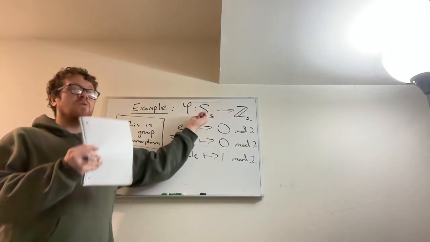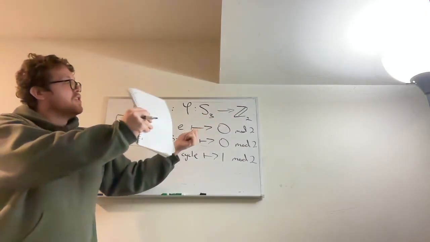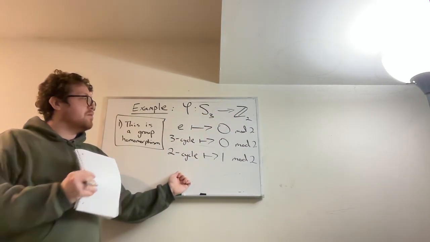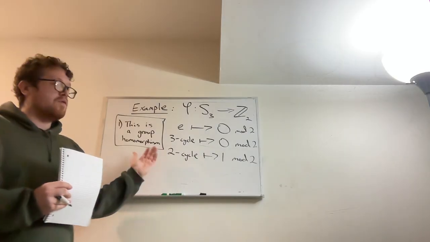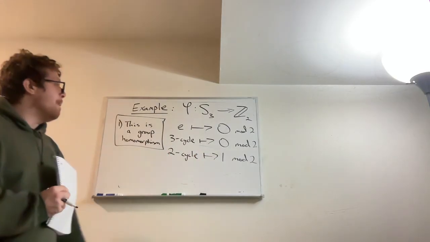In one it's a composition product, and here it's addition mod 2. So you have to show that this map preserves that product, like we had before: phi(A times B) equals phi(A) times phi(B).